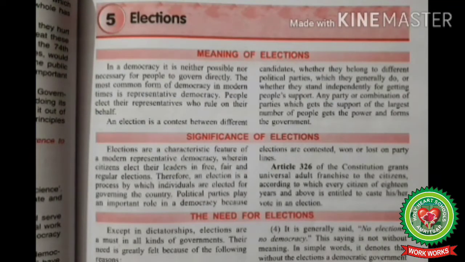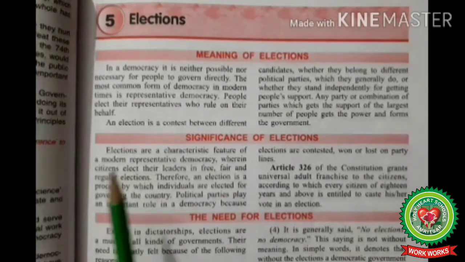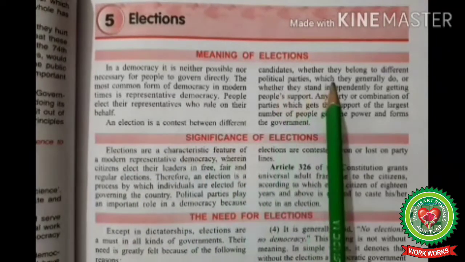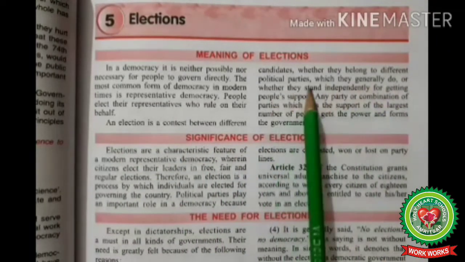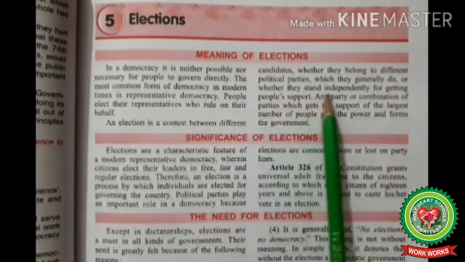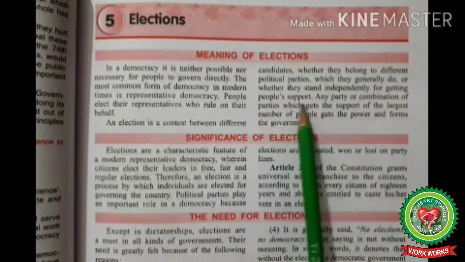In a democracy, citizens choose or elect their representative either directly or indirectly to run the country. An election is a contest between different candidates who belong to different political parties, which they generally do, or who stand independently for getting people's support.